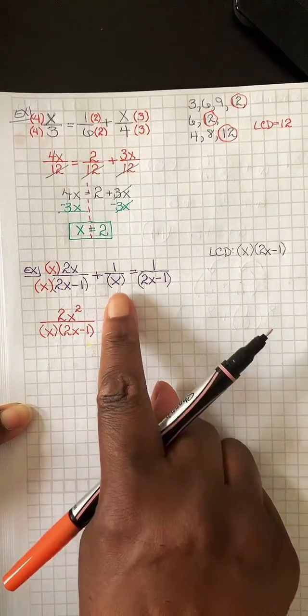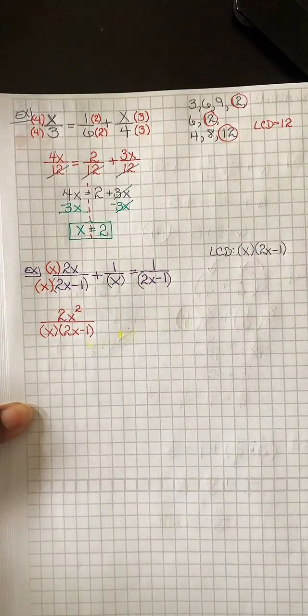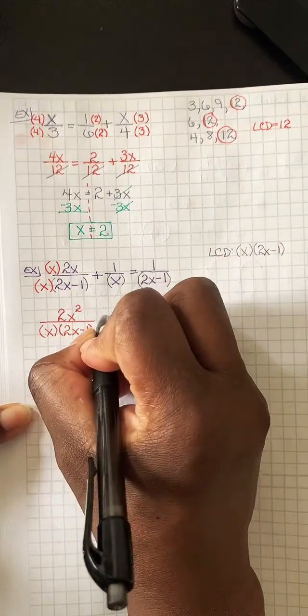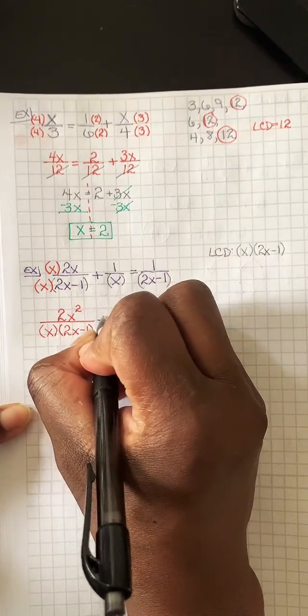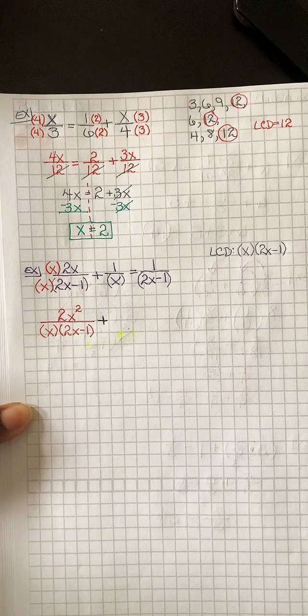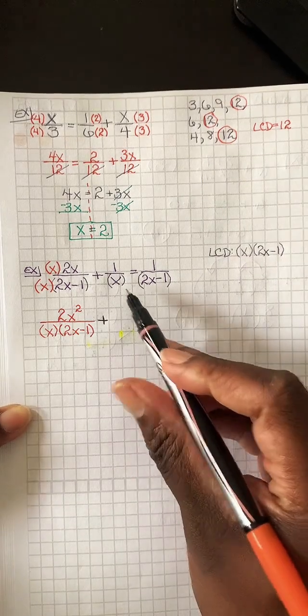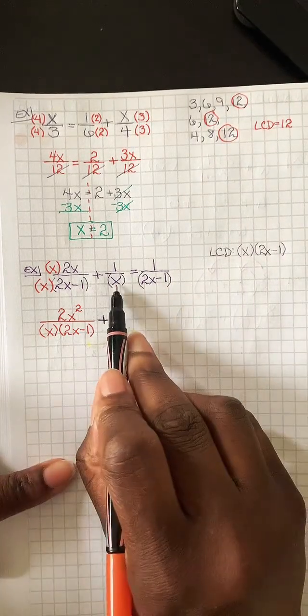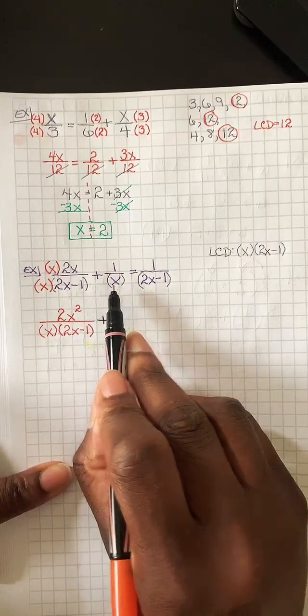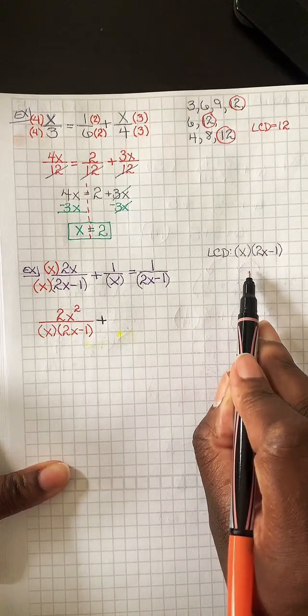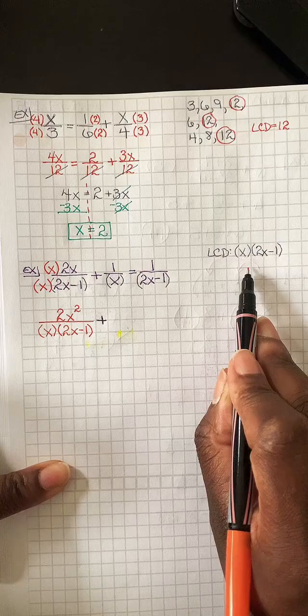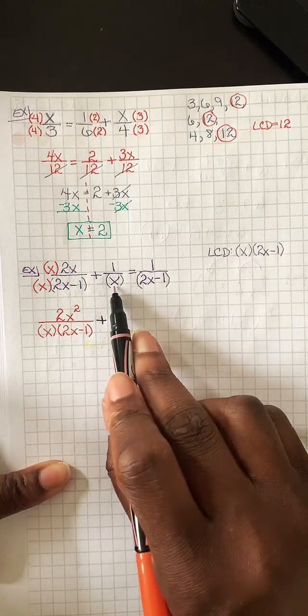Now, bring down our plus sign. Bring that down. Now we're going to work on this middle term. So it just has a singular x. I go to the LCD. Okay. Got my singular x.